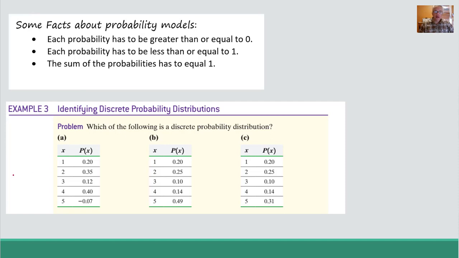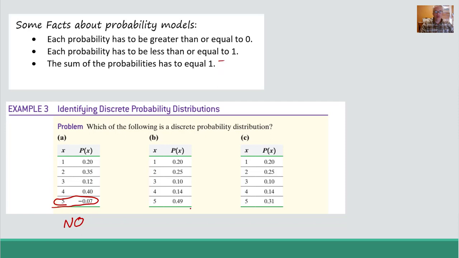So we're supposed to decide if these are valid probability distributions or models. Well, the first one, I'm sorry to say, is no, because one of the values is negative. That can't happen. On the second one, all the values are greater than or equal to 0 and less than 1, so that's very good.